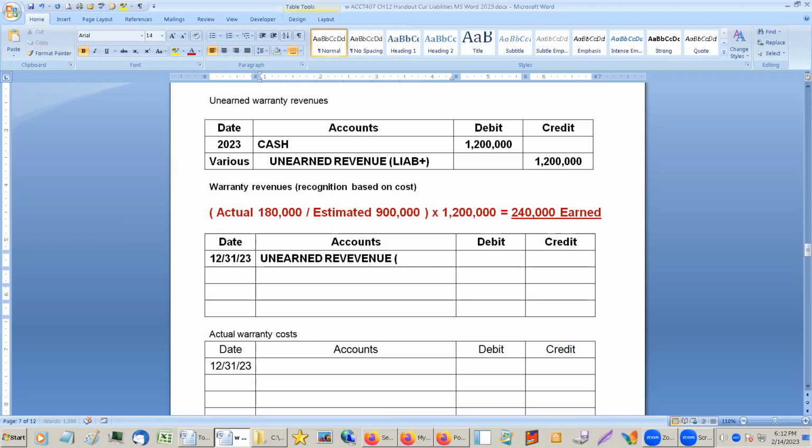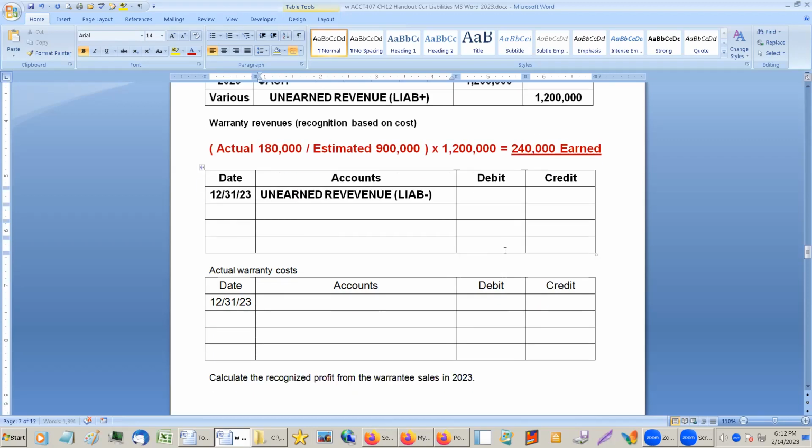This is a liability going down. We've now earned that revenue, 240,000. Revenue is going up. That's plain old earned revenue. All revenue is earned, by the way, or else it's not revenue.